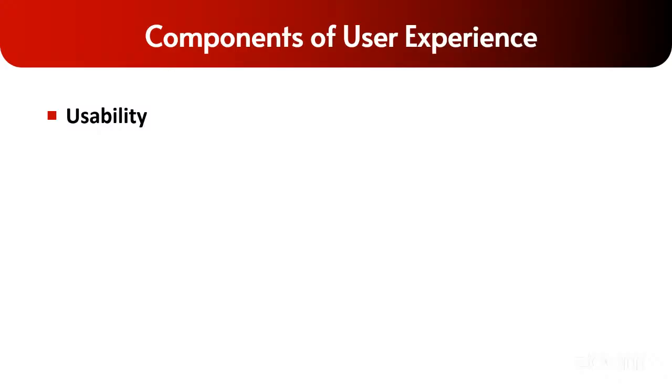That is what we call usability. So the ease with which users can navigate a website, a mobile app, or even a physical product like a coffee machine is what we mean when we talk about user experience and usability.